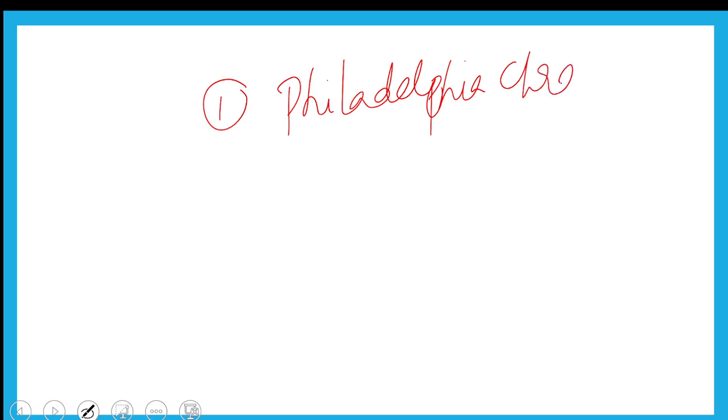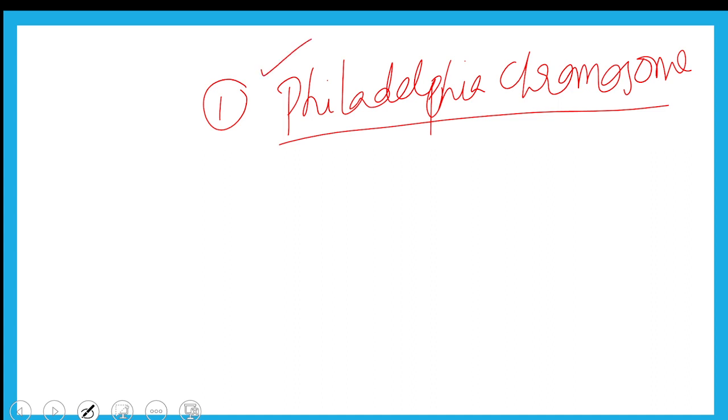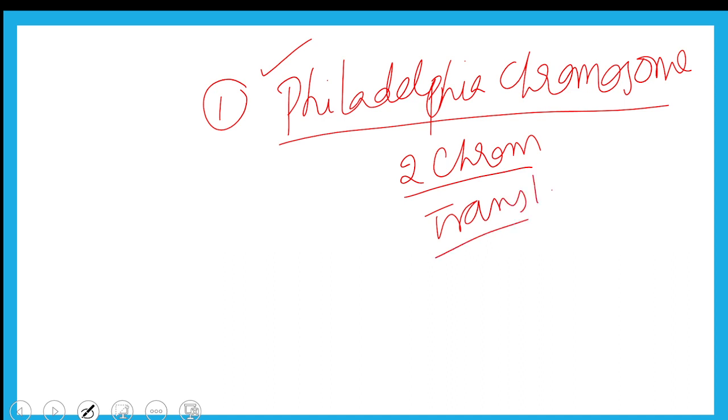So this is your first exercise. Please go through Google or books or ask your lecturers and post in the group what actually the Philadelphia chromosome is, which two chromosomes are involved in this, and what kind of translocation it is, simple, shift or reciprocal.